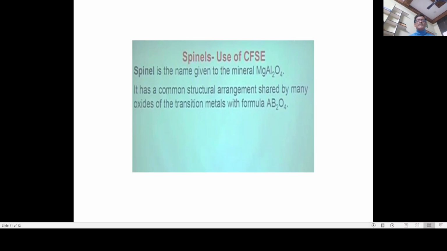How we can do it will be discussed in the next topic of crystal field theory.